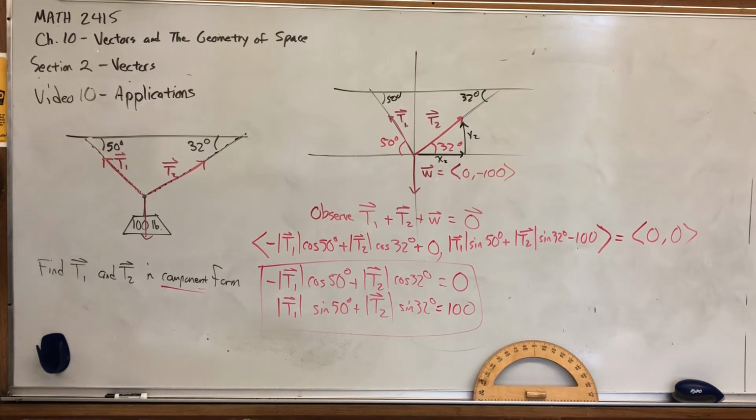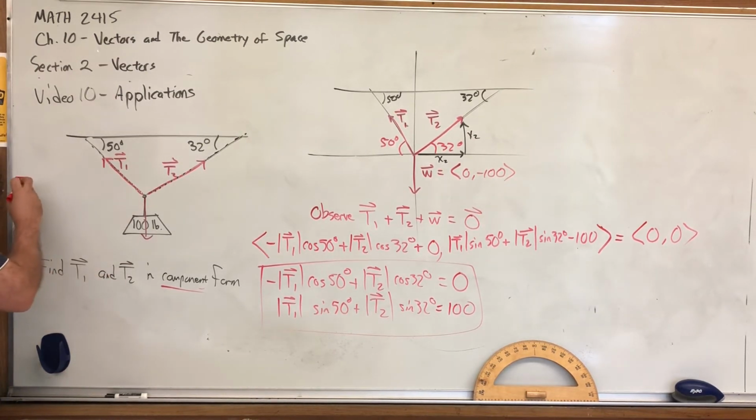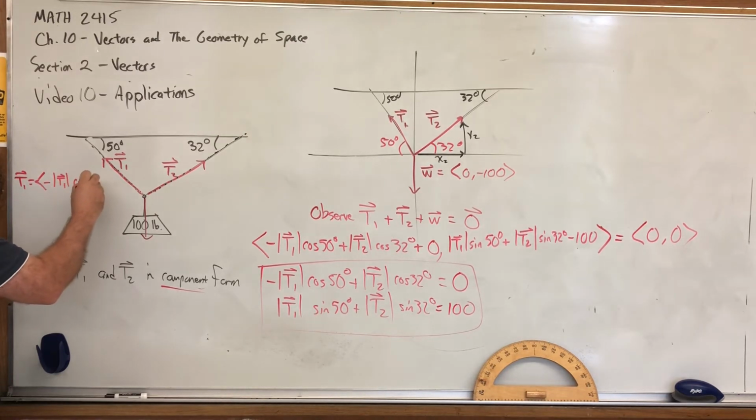What are we trying to figure out? We're trying to figure out what t1 and t2 are in component form. Now, I had it written over there and it's gotten erased, so I'll bring it back over here. t1 in component form was negative magnitude of t1 times cosine of 50 degrees, comma, magnitude of t1 sine of 50 degrees.